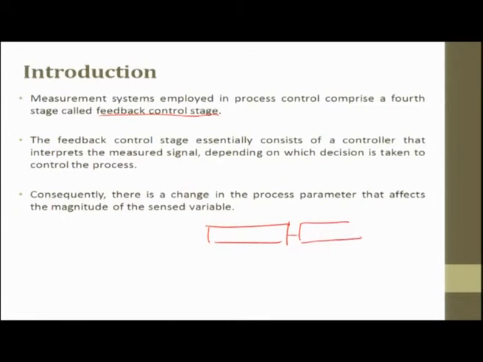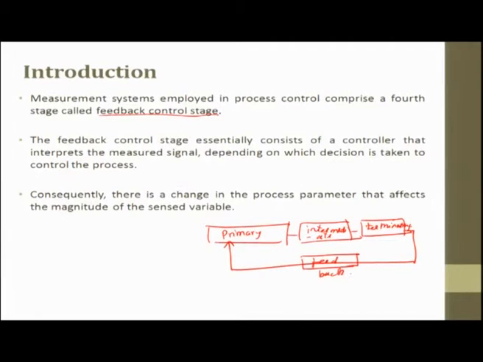Primary, then the intermediate stage, then we have the terminating stage, and from here we take a feedback stage, and this feedback will be to the process. So, here is a process happening and you have something like this.